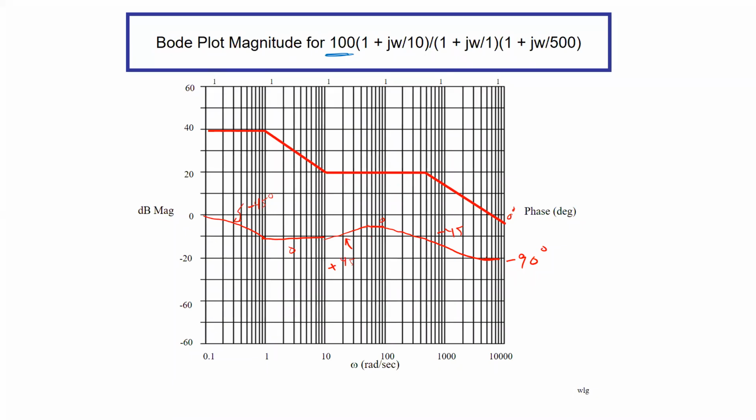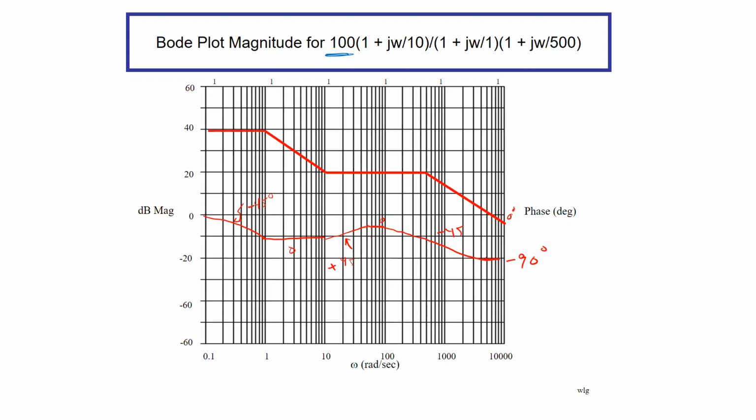The final slope is the difference between the number of poles and zeros. Because each zero will contribute 20 positive, and each pole will contribute 20 negative. Take the difference between them, multiply by 20, and that will determine the final slope.